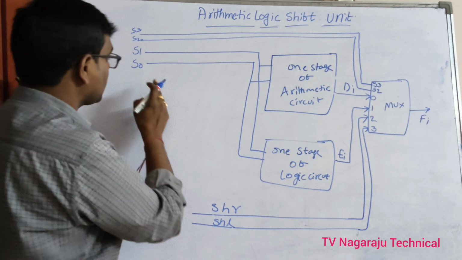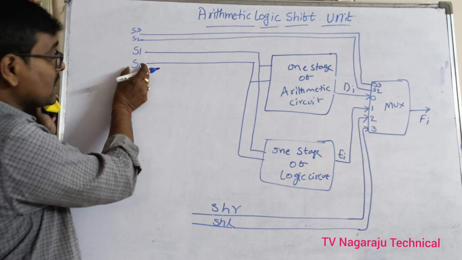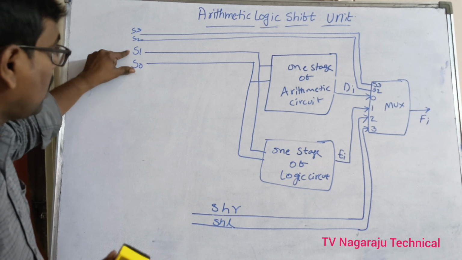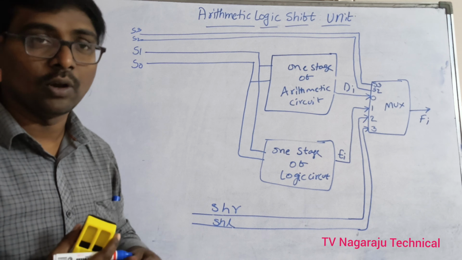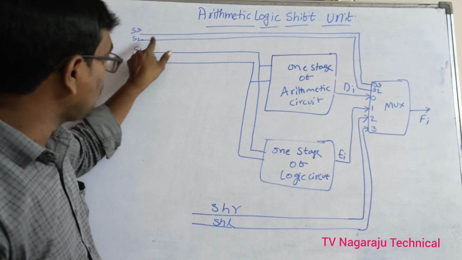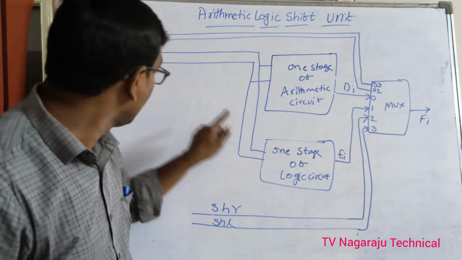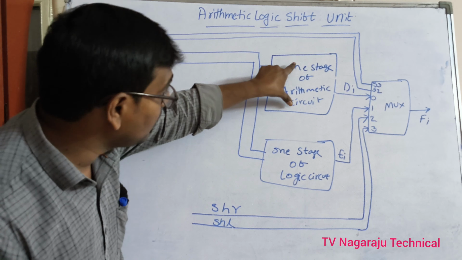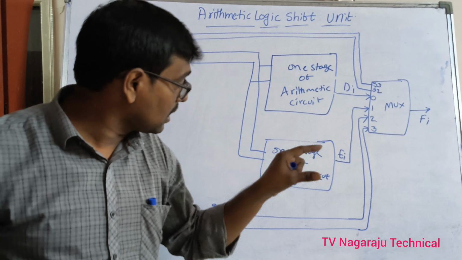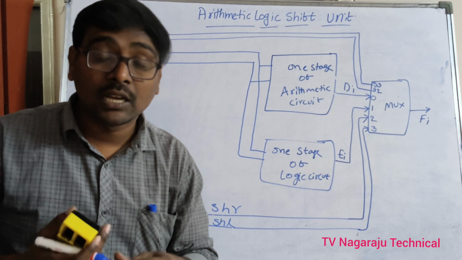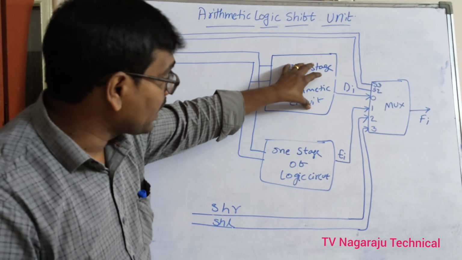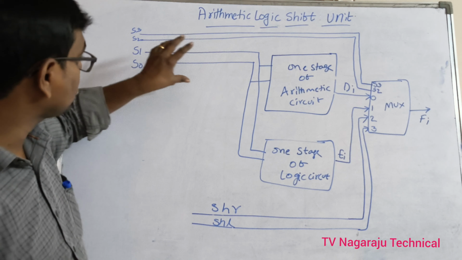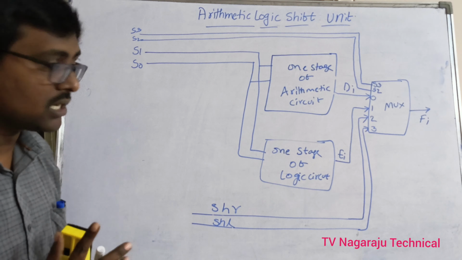Based on S1 and S0, these two are used for selection of arithmetic and logic operations. S3, S2 are used for selection of these, and these two are used internally. 8 arithmetic operations are there, and internally 4 logic operations are there. For selection of arithmetic or logic operations, we are using S1 and S0.